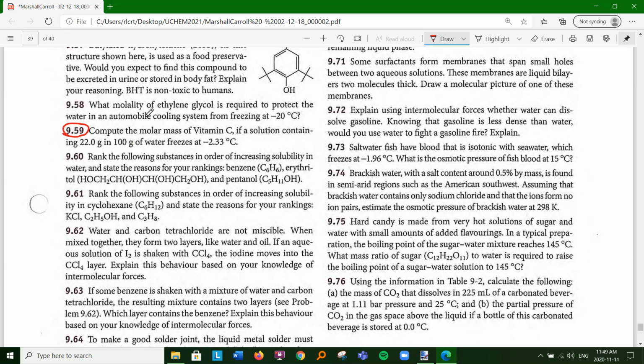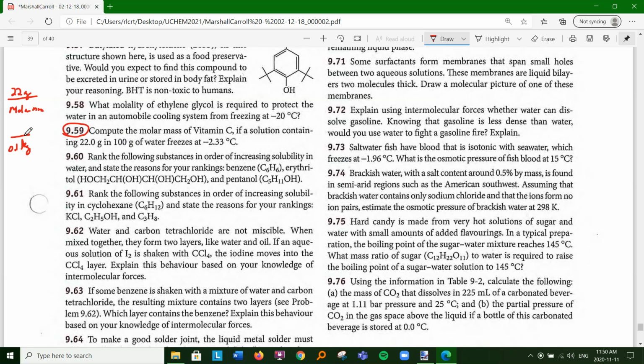Molar mass of vitamin C. If a solution contains 22 grams in 100 grams of water, so that's 0.1 kilograms, right? We're going to need molality. So 22 grams over the molar mass, divided by whatever the molar mass is. That's what we got to solve for.